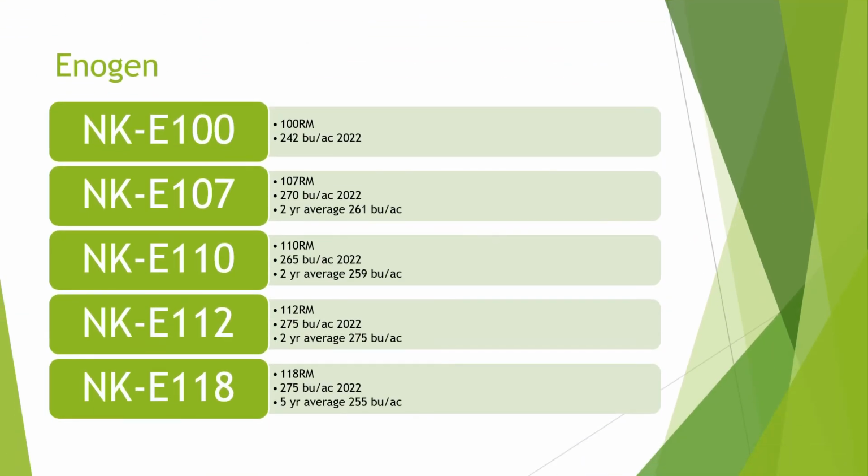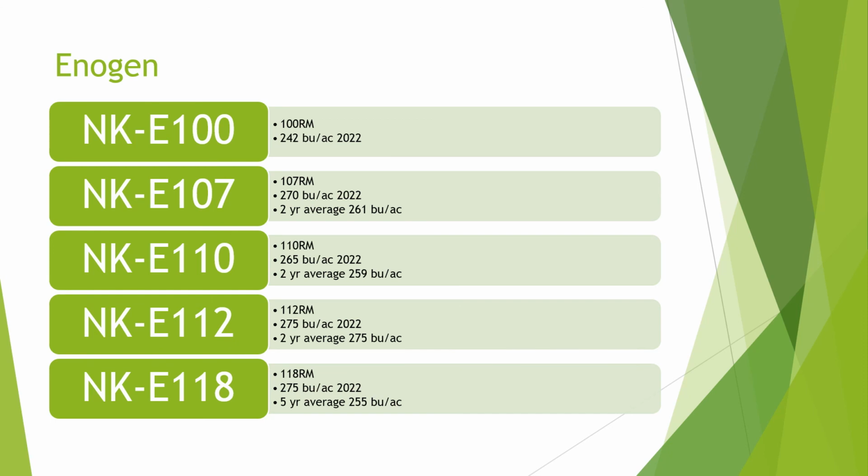So now we'll finish up with talking about Enogen corn. Enogen corn is known to have a 5% improvement in feed efficiency, and we've seen this time and time again on local farms. We have 5 Enogen products planted in our plot this year. E100 is a new product, 100-day maturity.